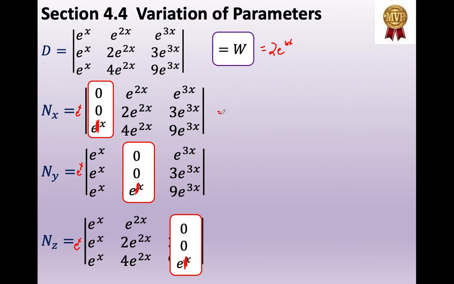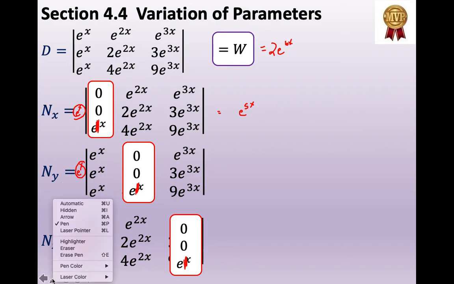This one was e to the 5x without this yet. And I'm leaving this off for a reason. Don't forget it's there, but the answer that I'm putting out here, e to the 5x, is just the determinant with the 0, 0, 1s in it.